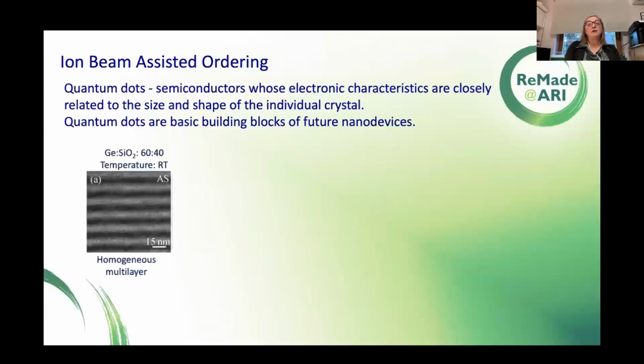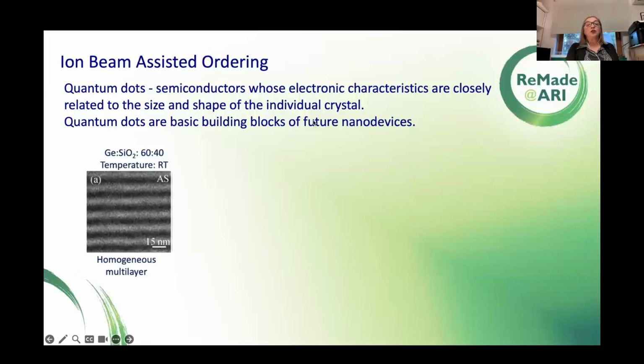Here is also one example of this ion beam assisted ordering. So you also need for quantum applications formation of quantum dots in semiconductor materials. And the properties of these quantum dots are closely related to the size and shape of individual dots.